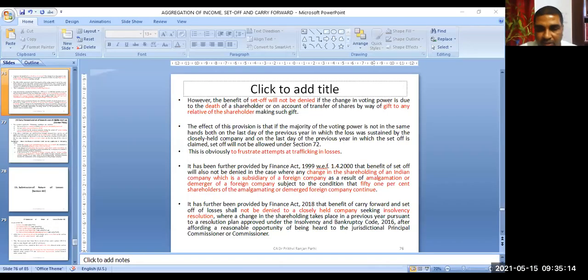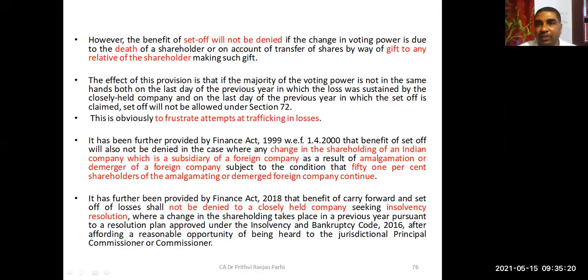But when I told you this thing, there are certain exceptions to that. Just a minute. Let me share the files. I told you 51% of the shareholding must be continued. Then only set off is possible. But set off will not be denied in case shareholding has incidentally changed because of the death of a shareholder. If a shareholder has died and because of that the shareholding has changed, then still the benefit will continue.